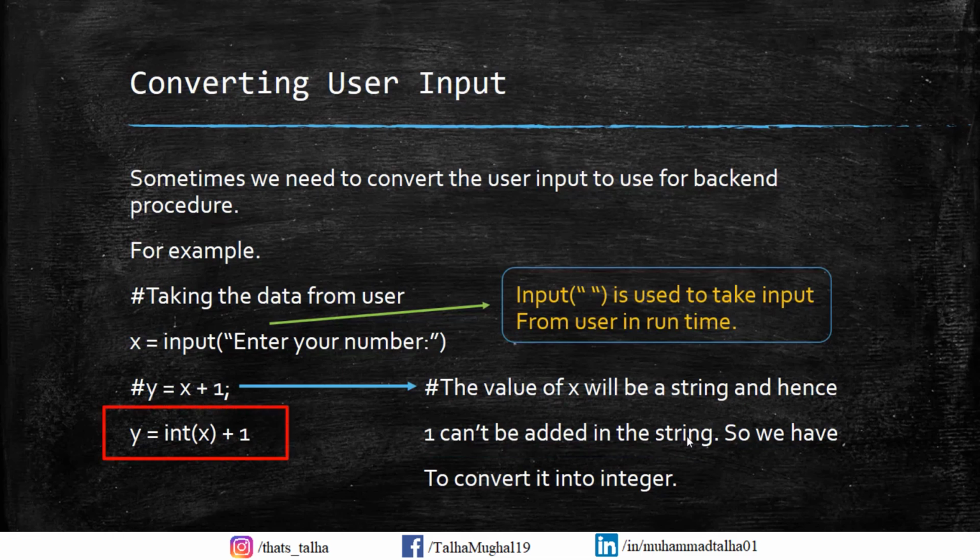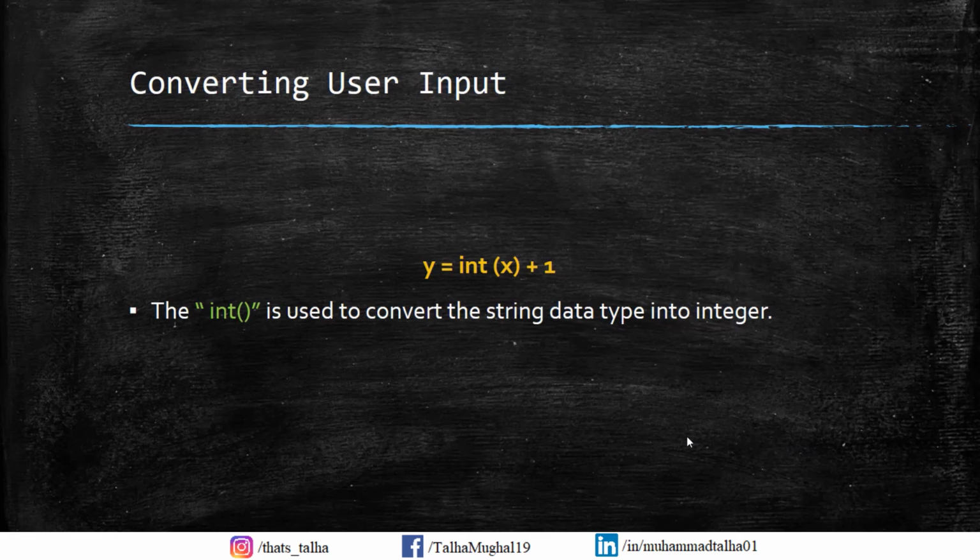So we have to convert that string into an integer. For that purpose, we use another function called int. The int function is used to convert the string data type into integer. And the correct syntax is writing the variable that we want to convert inside the parentheses of the int function.